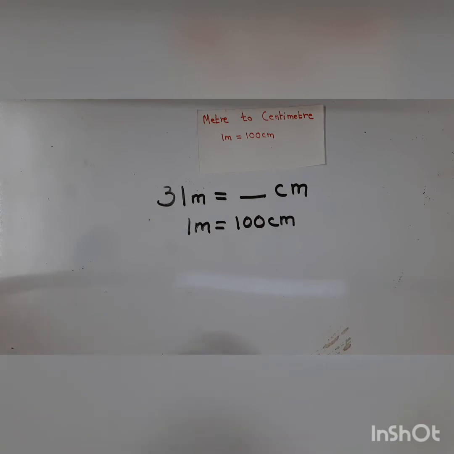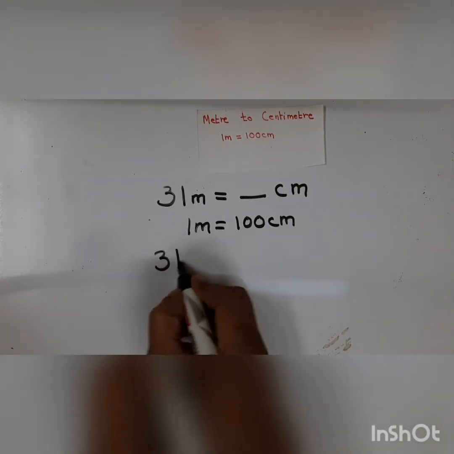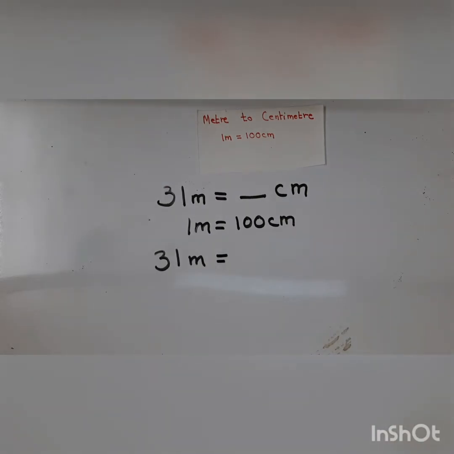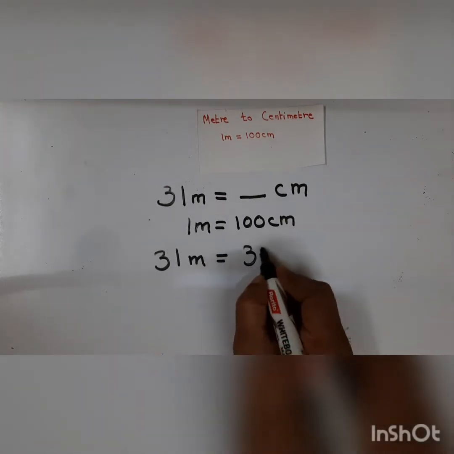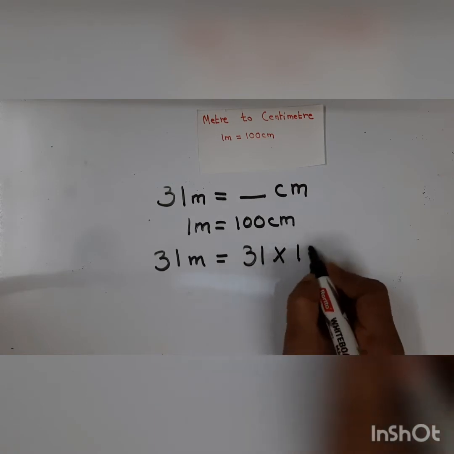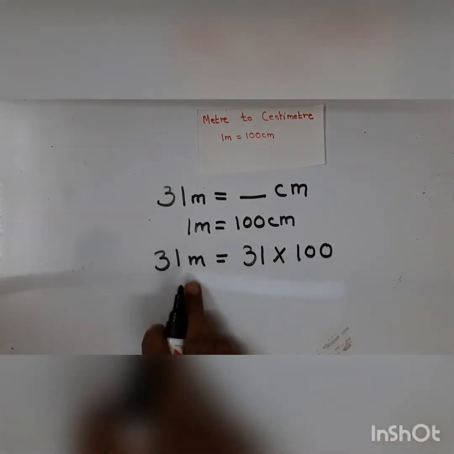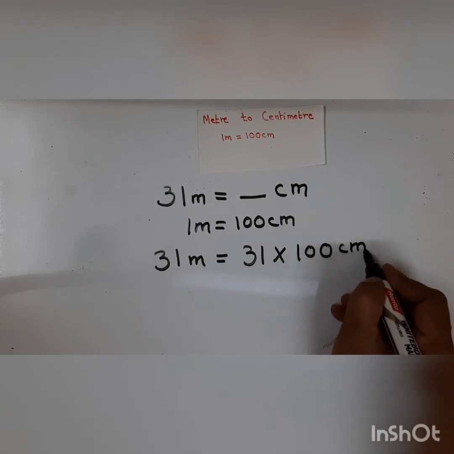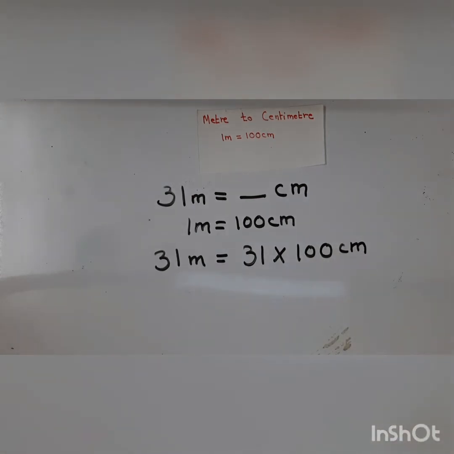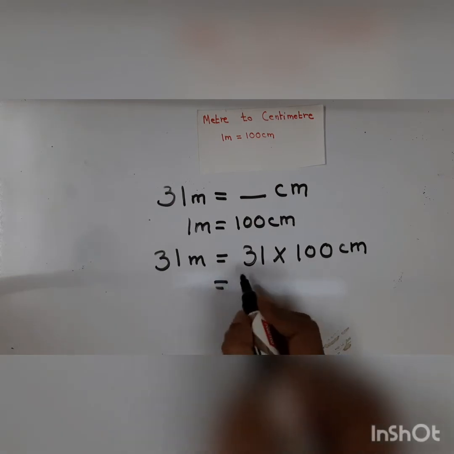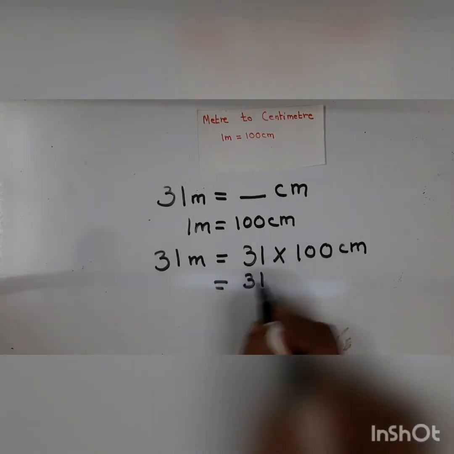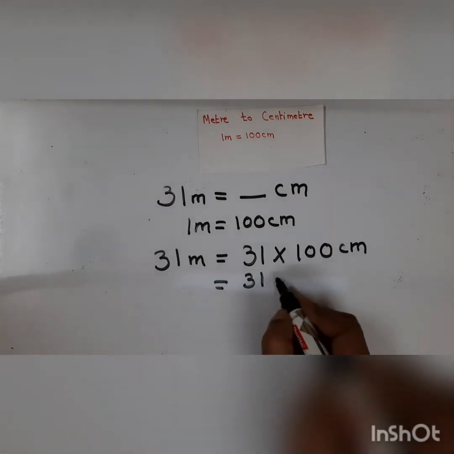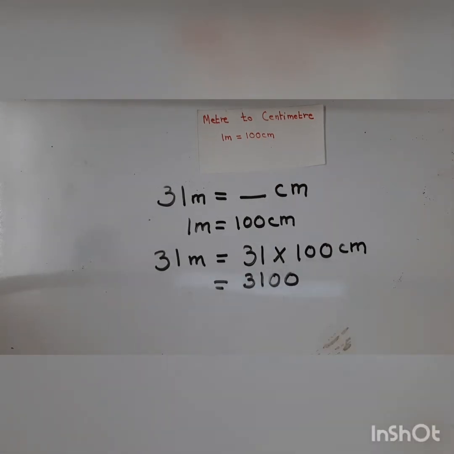Now we are converting 31 meters. So what will we do? You need to multiply. 31 meters into 100. Now what will be the unit here, children? Here it was meters, so now here it is centimeters. Children, be very careful with your units. Now I think you can do mental multiplication. Most of you are quick.